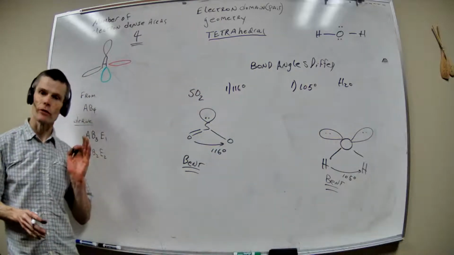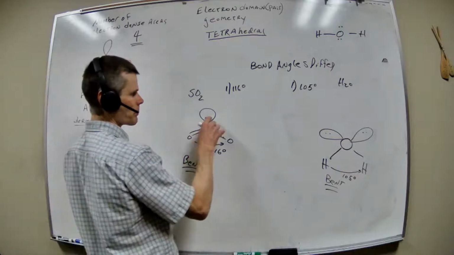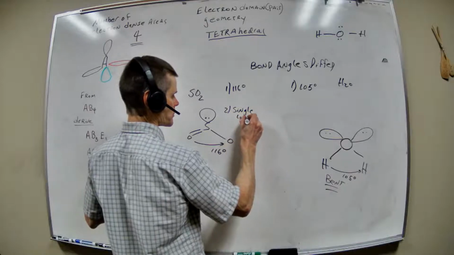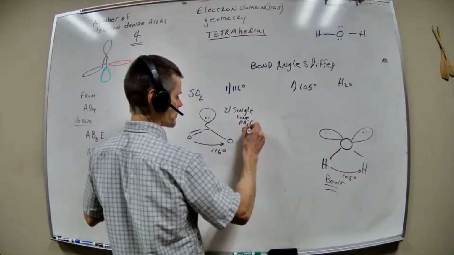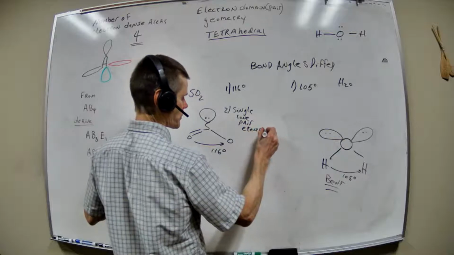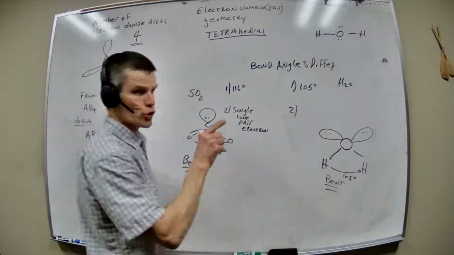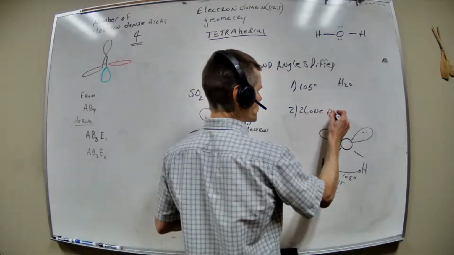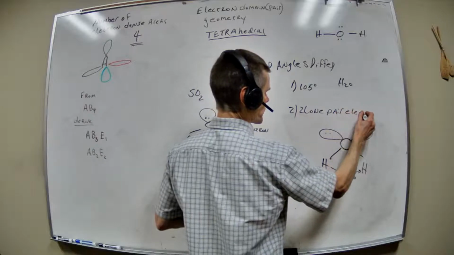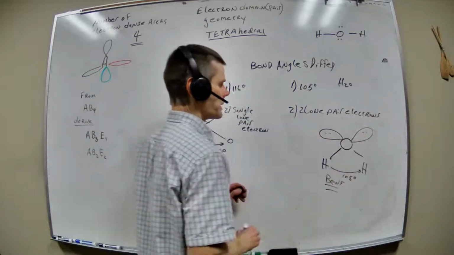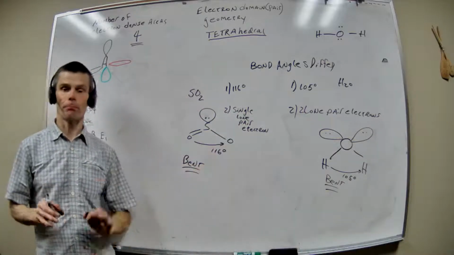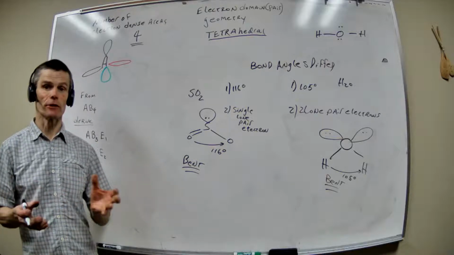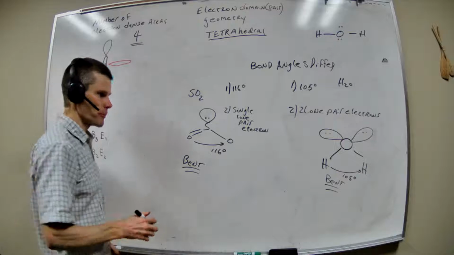Second thing is notice a single lone pair of electrons. Water, two lone pair of electrons. These are some real big differences between them. And this is manifested by the electron domain geometry, the regions of electron density that define how these structures are formed.